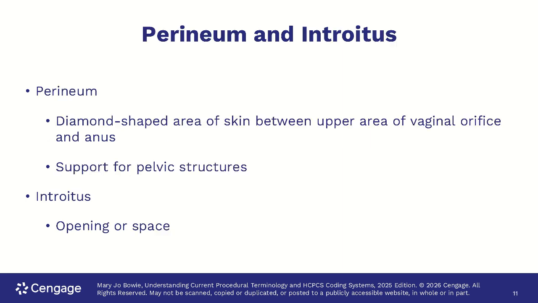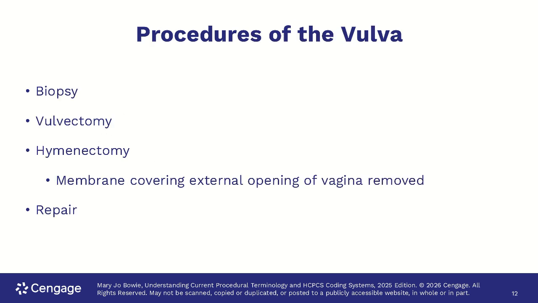All right. So the perineum, I already told you, was this diamond shaped area. But then after that, you have the area that refers to an opening or a space, and it is the introitus. I don't know how to pronounce that. Oh well, can't pronounce them all, right?